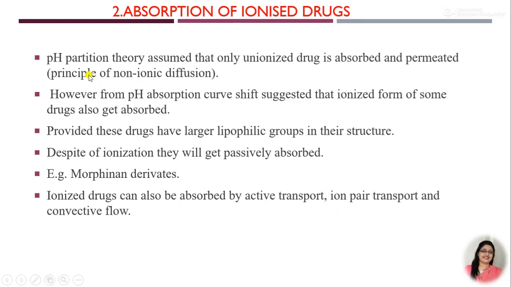Now, the other assumption made by the pH partition theory was that only unionized drug is absorbed and permeated. However, when it was studied experimentally, again there was a shift in the curves from the pH absorption predictions, and it suggested that the ionized form of some drugs also gets absorbed.